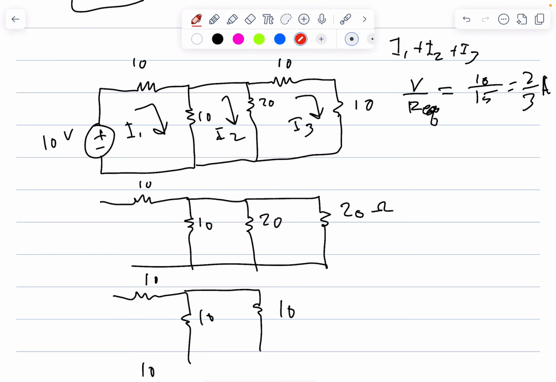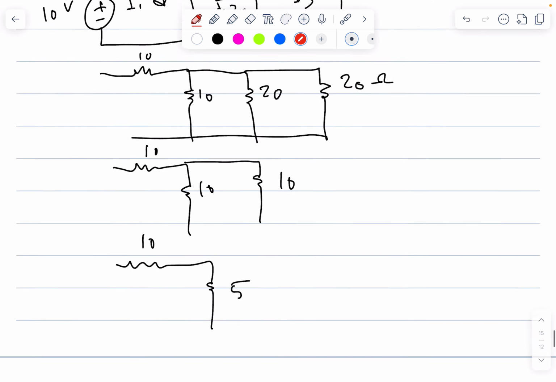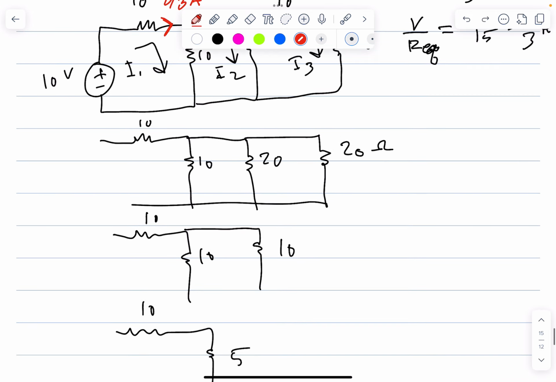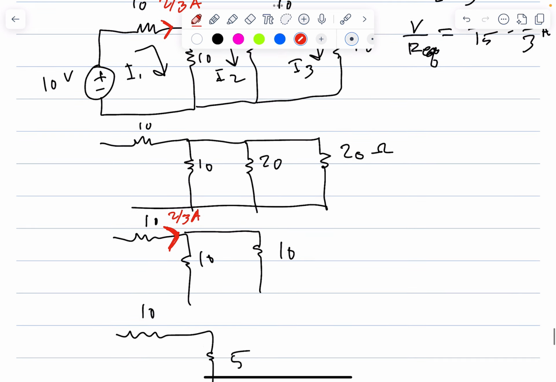I'm going to change to a different color. So I know here, at this point, I'm getting 2/3 of an amp, okay? And now look, I see an even split. I see 10 ohms this way, 10 ohms this way, right? This 10 ohms is real.